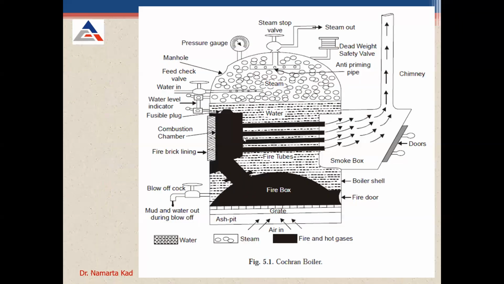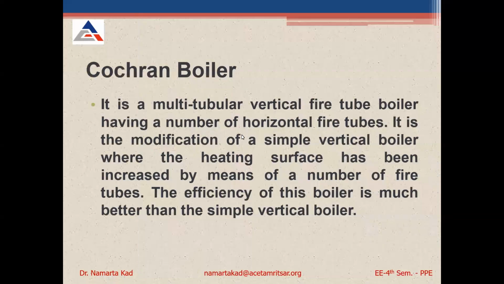As seen in this figure, there are not only 4 tubes, there are lots of tubes, ranging from 60 to 100. It is a modification of the simple vertical boiler where the heating surface has been increased by means of the number of fire tubes. The efficiency of this boiler is much better than the simple vertical boiler.